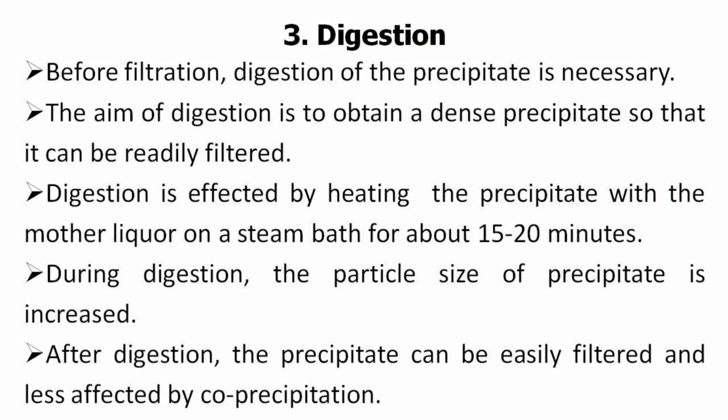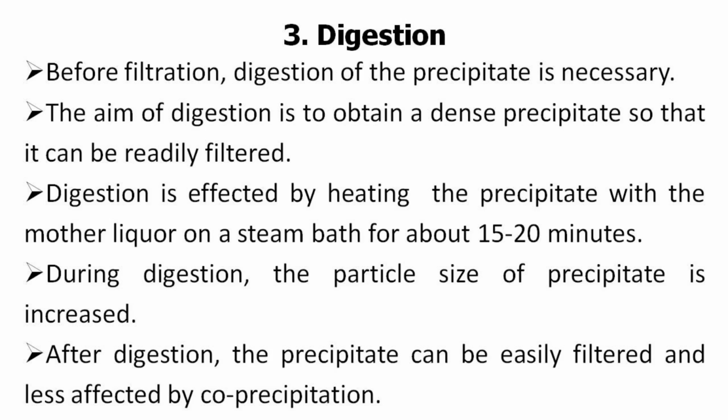Then the third step is digestion. So before filtration, digestion of the precipitate is necessary. So what is the purpose of digestion? To obtain a dense precipitate so that it can be readily filtered. Digestion is affected by heating the precipitate with the mother liquor on a steam bath for about 15 to 20 minutes.